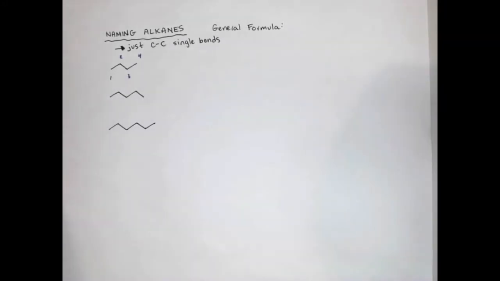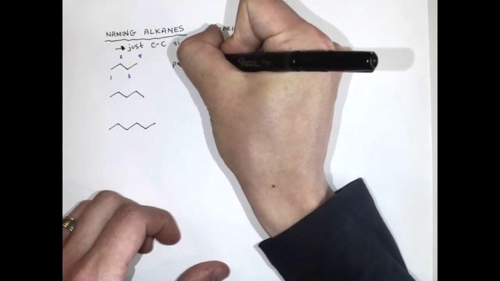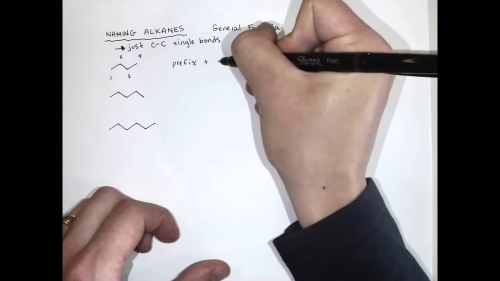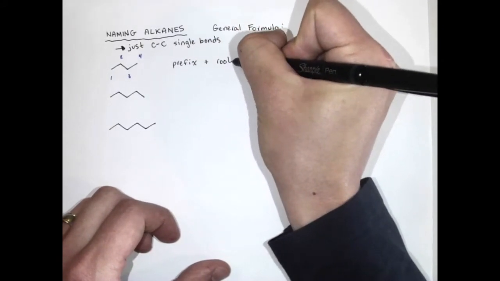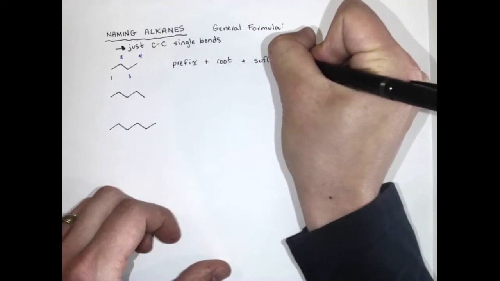The model that we use to name alkanes, and for that matter other hydrocarbons and hydrocarbon derivatives, is we usually have some sort of prefix. We don't always have a prefix, but sometimes we do. Then we have a root, and then we follow that off with a suffix.